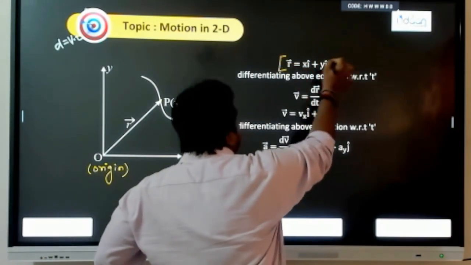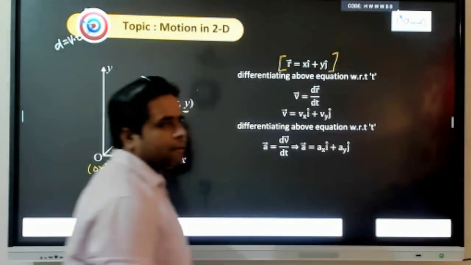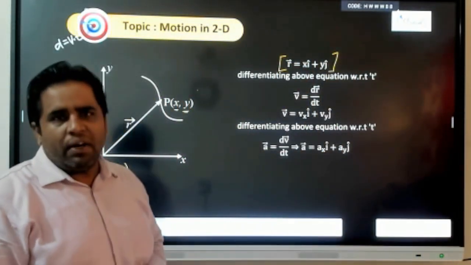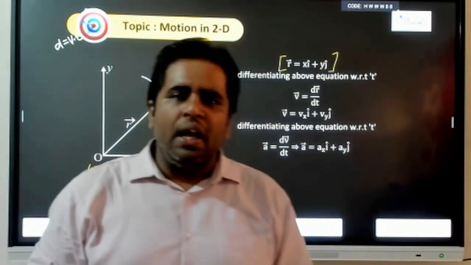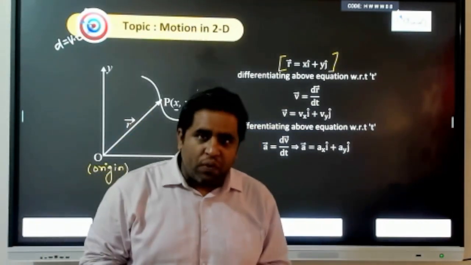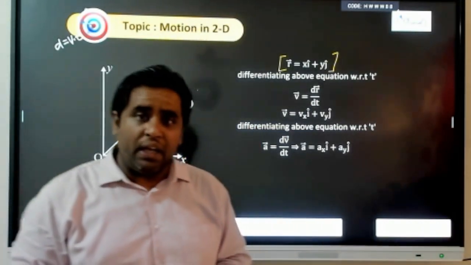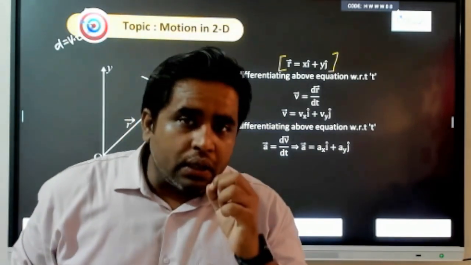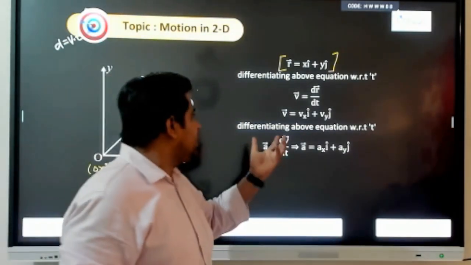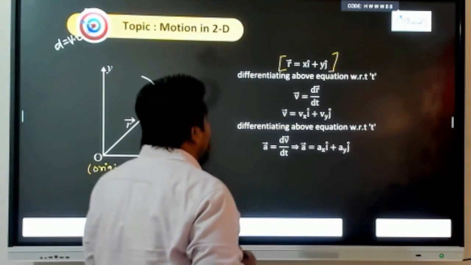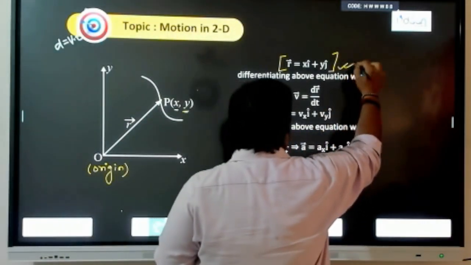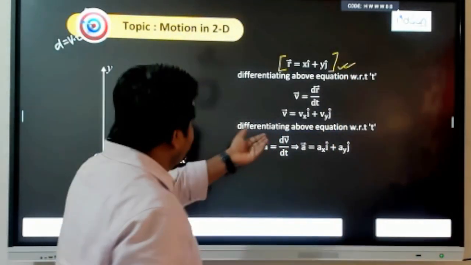Whenever the position vector has been given, if we are asked to find the velocity vector, I hope you all have a complete idea of how to find it. It is so simple: we just differentiate this position vector with respect to time.